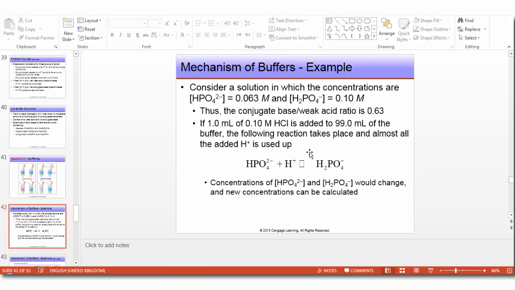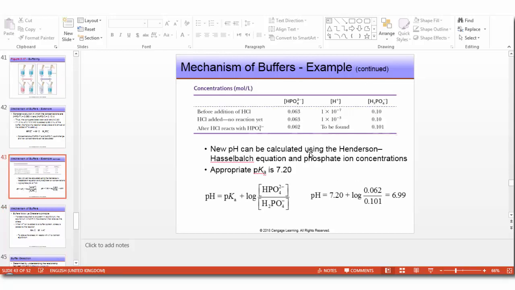Now the concentrations of the conjugate base and the acid would change, and the new concentrations can be calculated, and this is summarized in this table. Before addition of HCl, the concentration of the conjugate base is 0.063 molar and of the acid 0.10 molar, and this is the contribution by water: H plus that comes from the hydrolysis of water is 1 times 10 to the minus 7 molar.